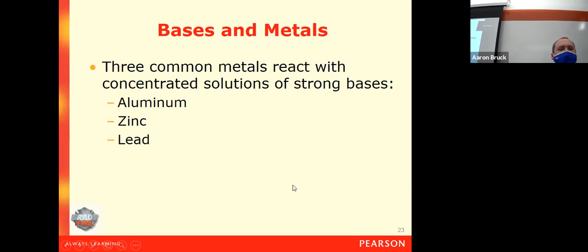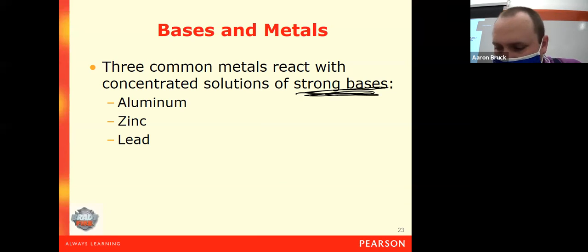When it comes to reactions with metals, we see that bases will react with 3 different types of metals. They will react with aluminum, they will react with zinc, and they will react with lead. End of list. Notice also that the reactions themselves are only with strong bases.